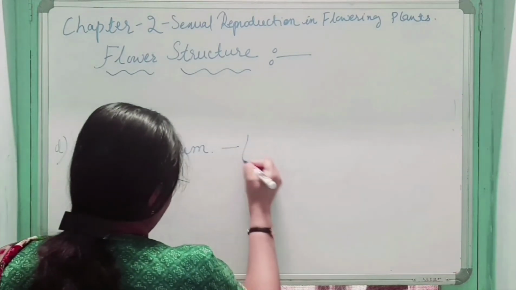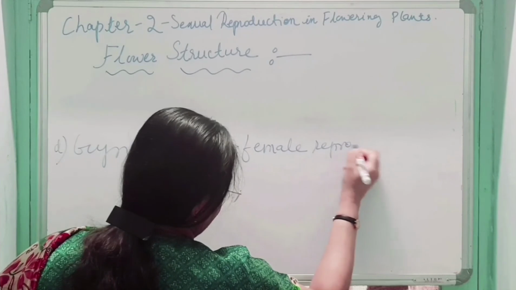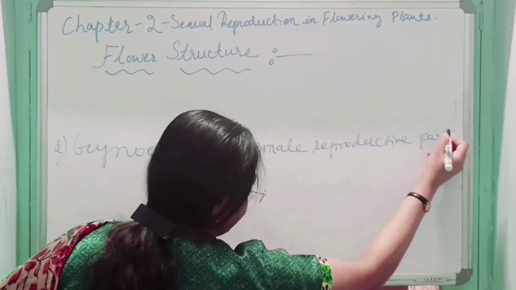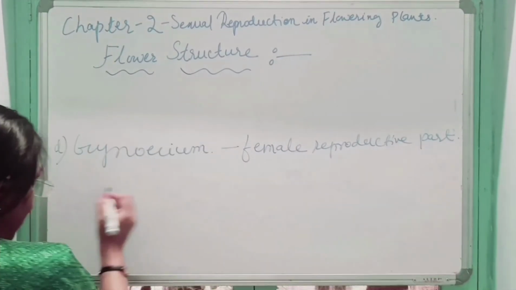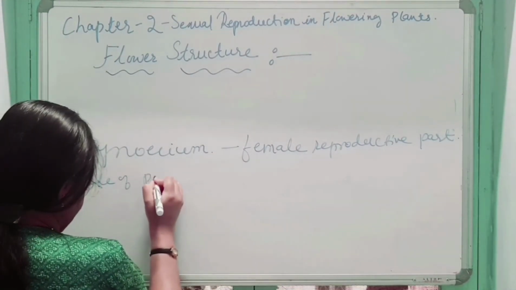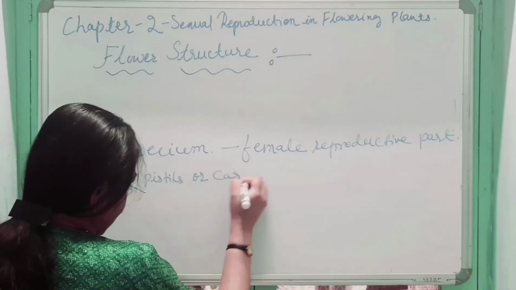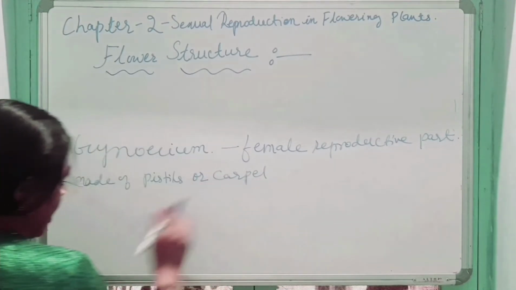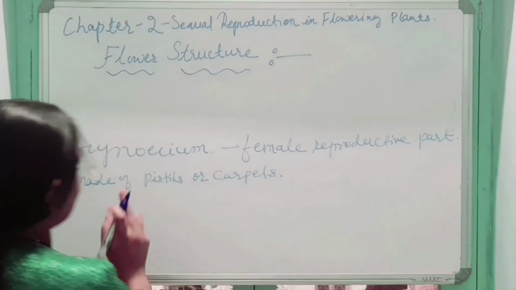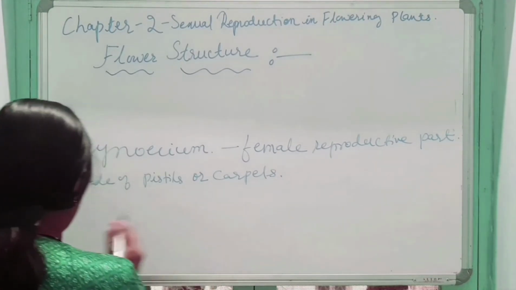Gynoecium is the female reproductive part. It is made up of pistils, or you can call them carpel. Pistils and carpels are one and the same thing. Now again this pistil or carpel is made up of four parts.